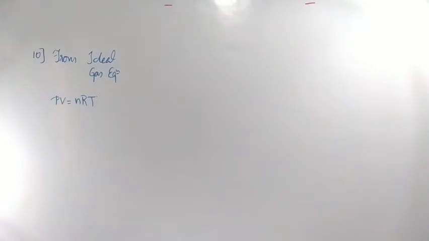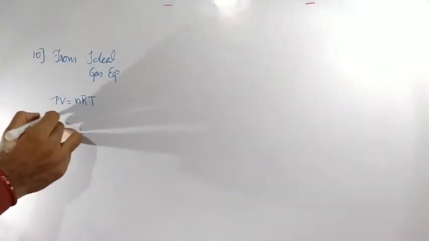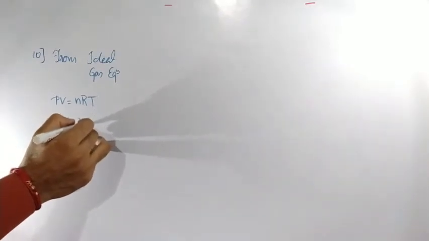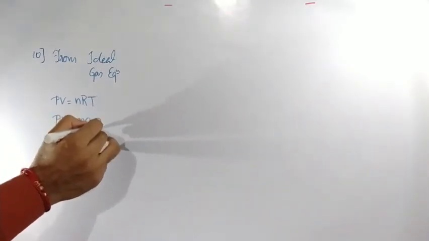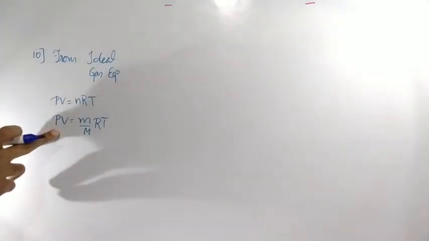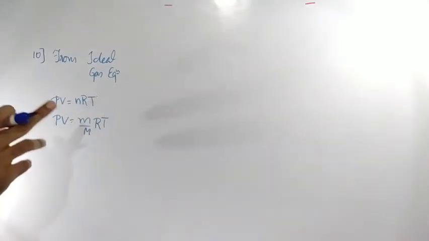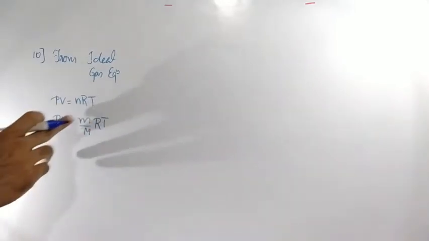Correct, no? Okay. So this n can be written as PV is equal to M by capital M into RT. Clear? Okay. That means here P value is proportional to MT, where V is constant and R by M is constant.